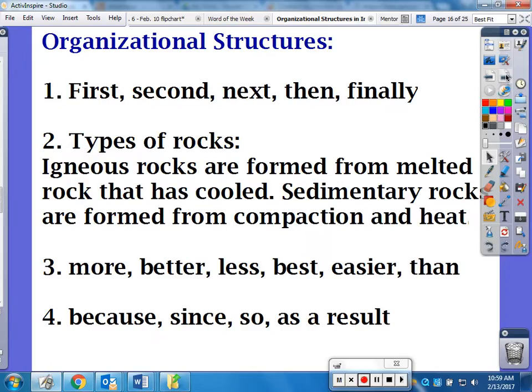Look at number 3. We have words like more, better, less, best, easier, and than. If we're talking about how Nike shoes are better for running than Under Armour shoes, then that will probably be another comparison and contrast organizational structure.